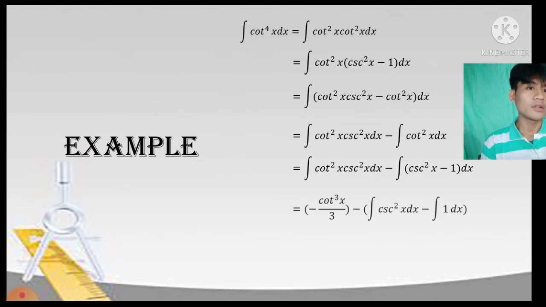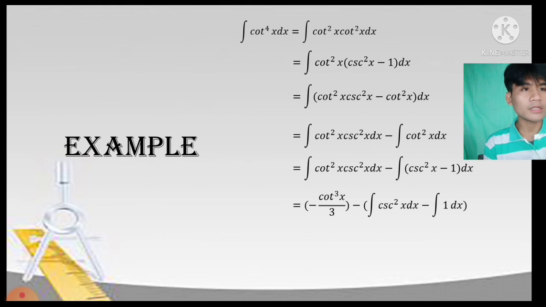And then we redistribute the integral sign to our second equation, but first we already find the value of the first equation. So we come up with negative cotangent cubed x over 3 minus the quantity of the integral of cosecant squared x dx minus the integral of 1 dx.